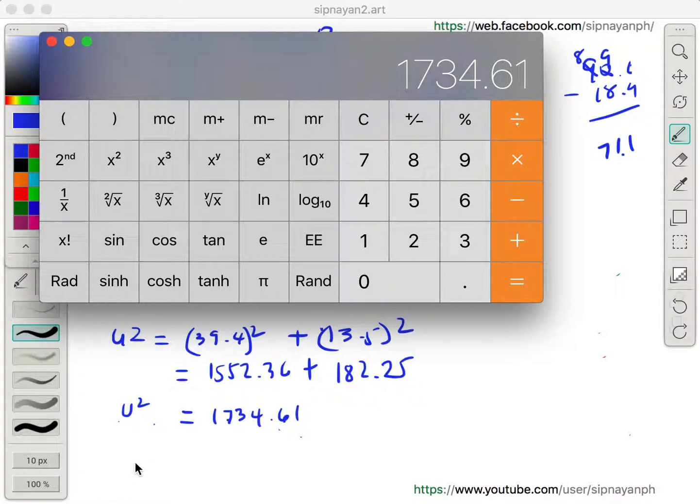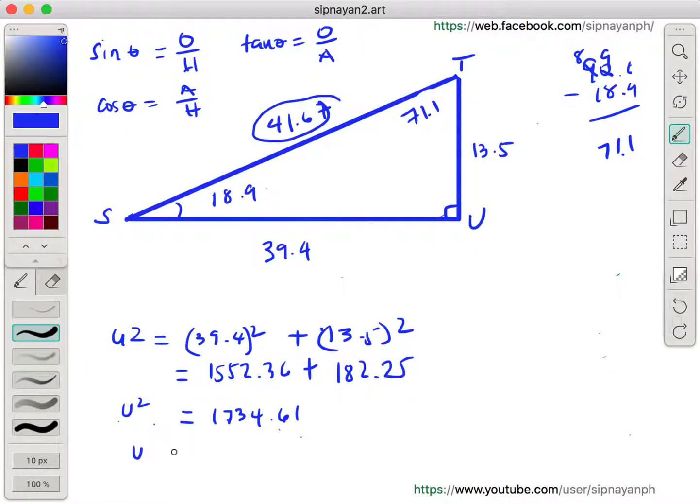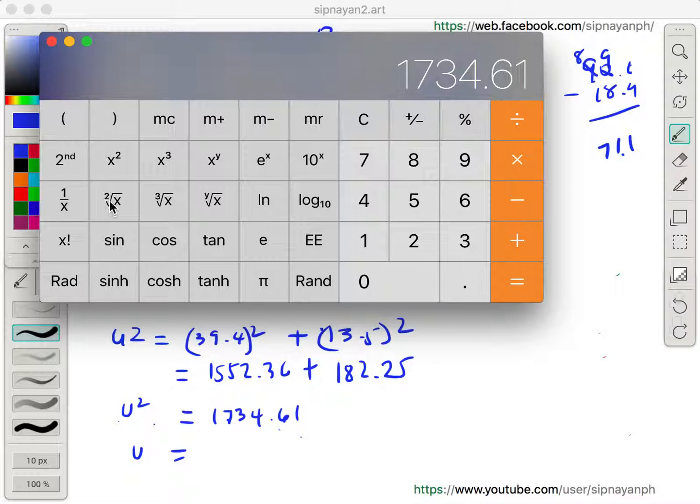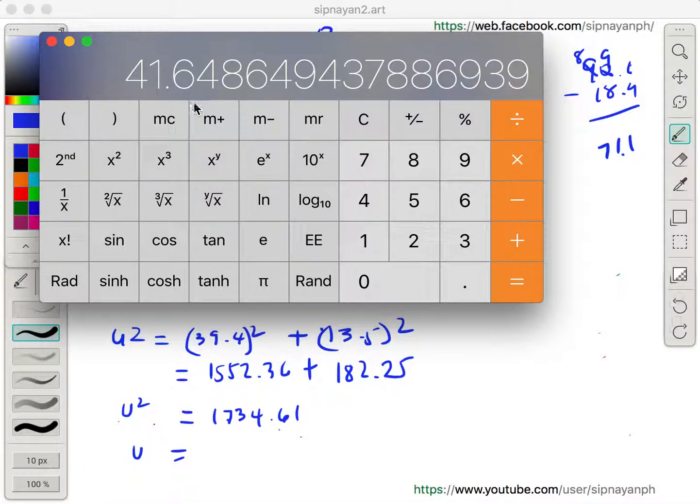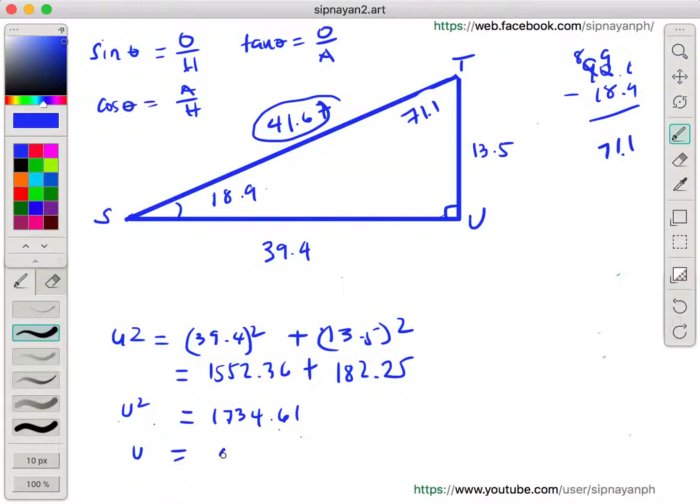Now, if we get the square root of both sides, we get the u. Ano na yung square root ng 1734.61? 41.64. So, hindi masyadong malayo, 41.64 for 41.67. Kasi kanina nag-round off tayo, kaya medyo magkakaiba nga yan ng konti. But still, we know that we are correct.